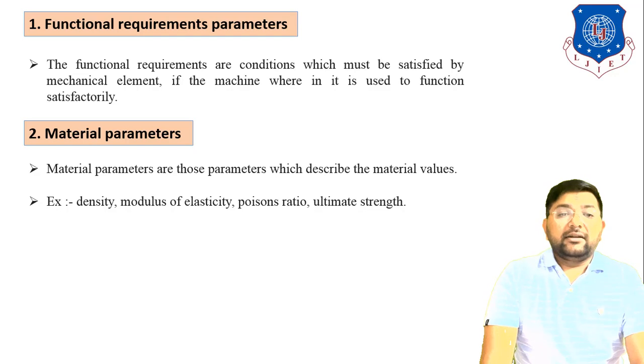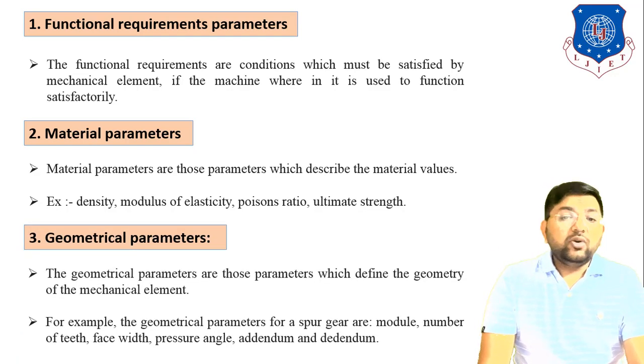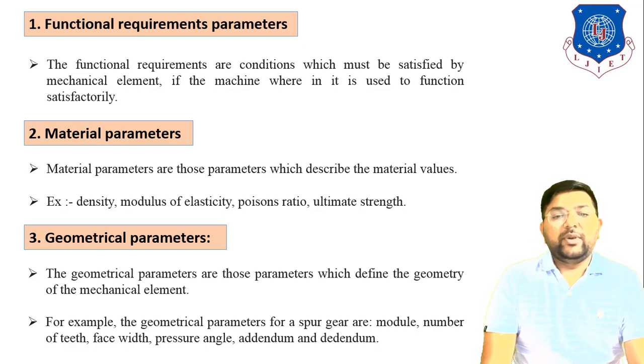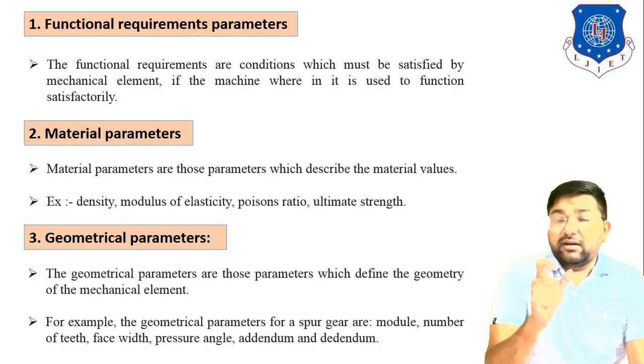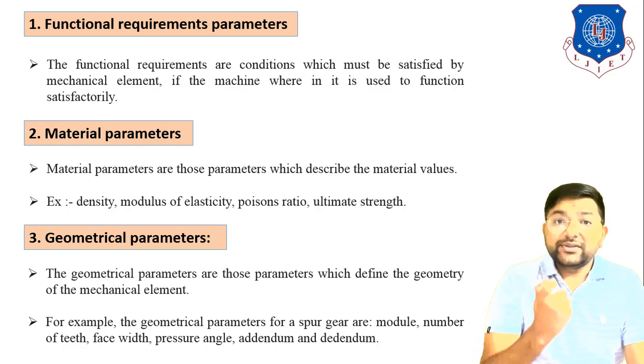And the third one is geometric parameters. The geometric parameters are those parameters which define the geometry of the mechanical element. For example, the geometric parameters for a spur gear: how many geometrical parameters come into the picture? First, module. Second, number of teeth. Next, face width.